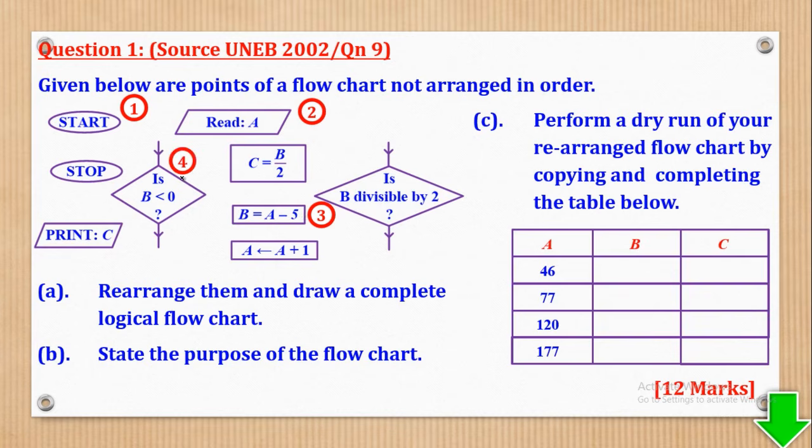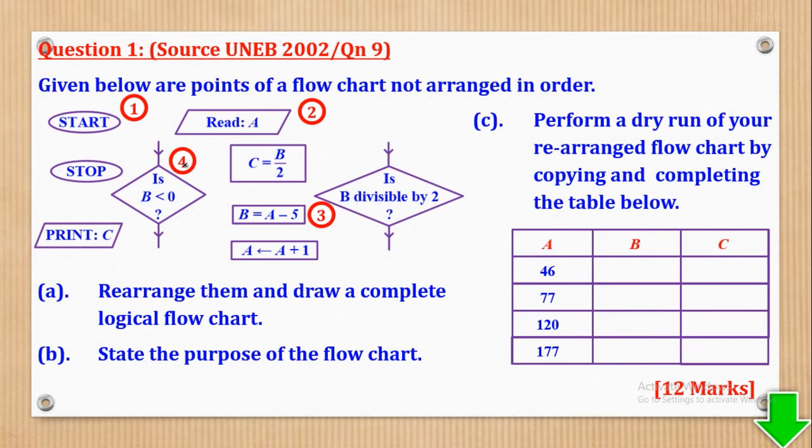The next is the decision. Why? Because here A minus 5, if B is less than 0, it means that it will be negative. But we don't want negative values, so we have to first go to this decision for you to find out that this is surely positive.